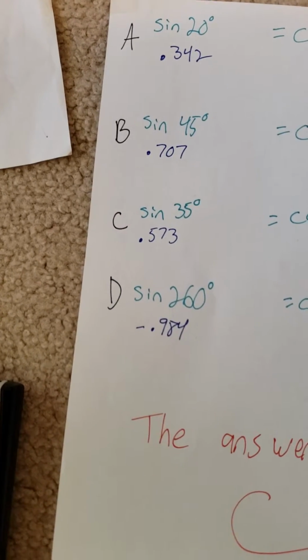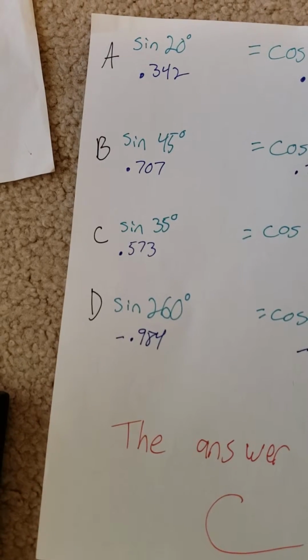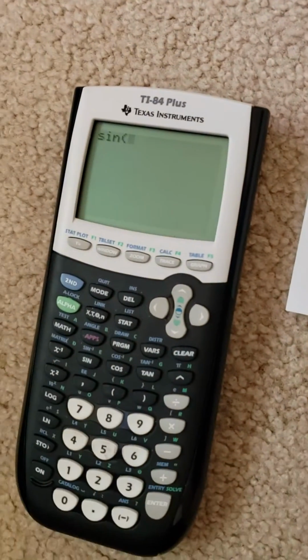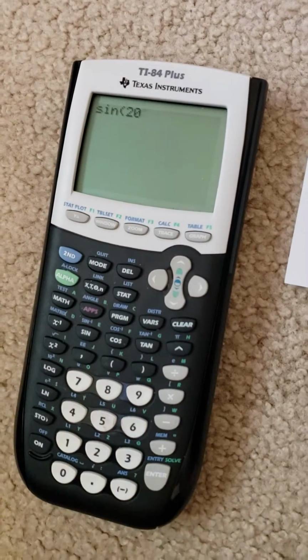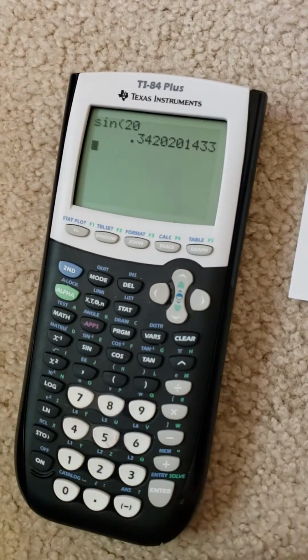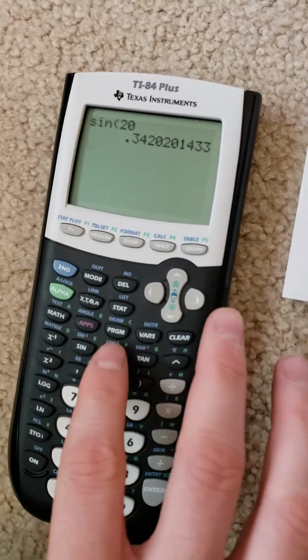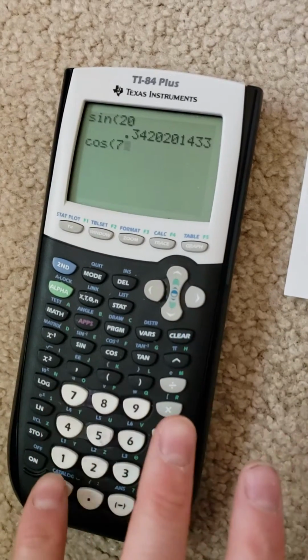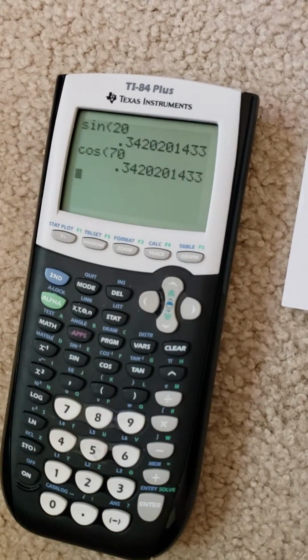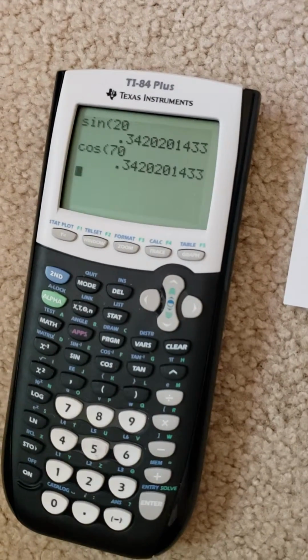We are going to do cosine of 20, sine of 20, and cosine of 70. So we're going to plug in our sine, which is equal to 20, enter. That's going to give us that long decimal. Then we are going to plug in our cosine, which is 70, and it's going to give us the same decimal. Therefore, these are equal.